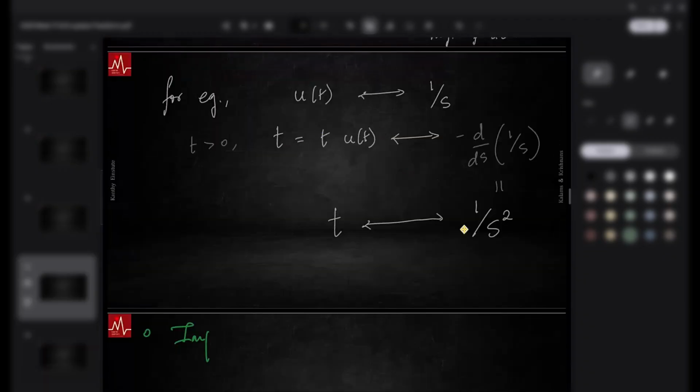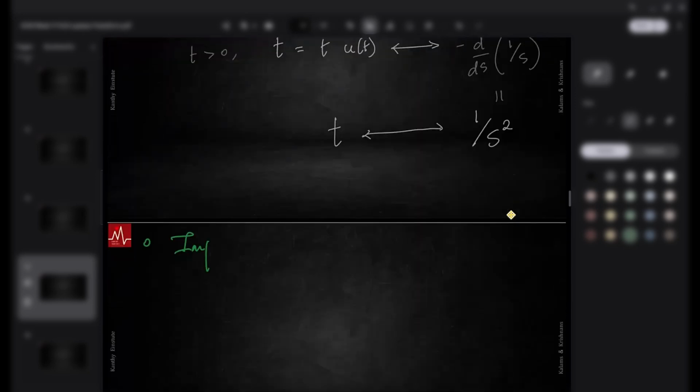So shall we go apply this, then come back here? 2 more properties, or let's finish this. Important. We have seen some examples anyway. So notice t transforms to 1 by s square is an example, right?